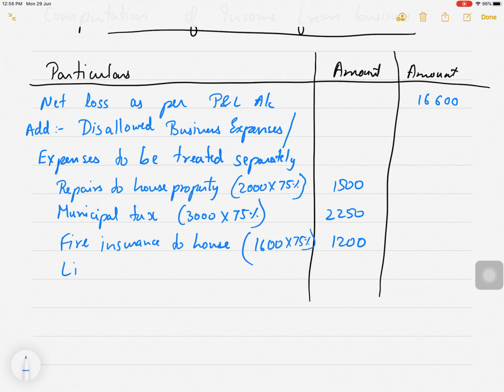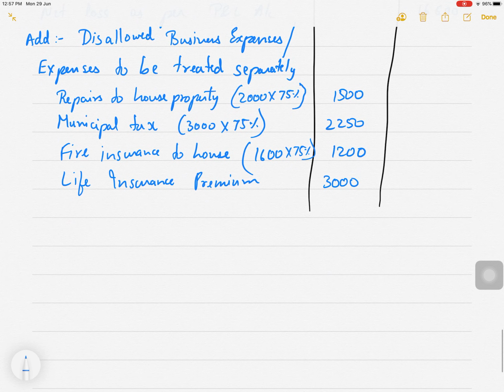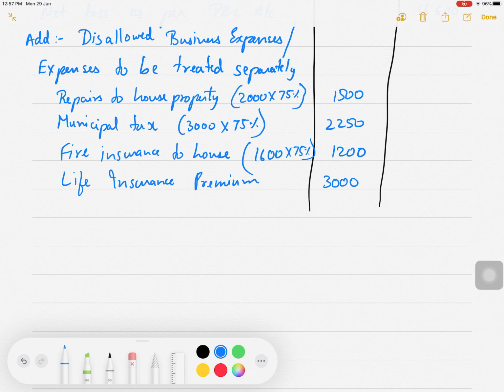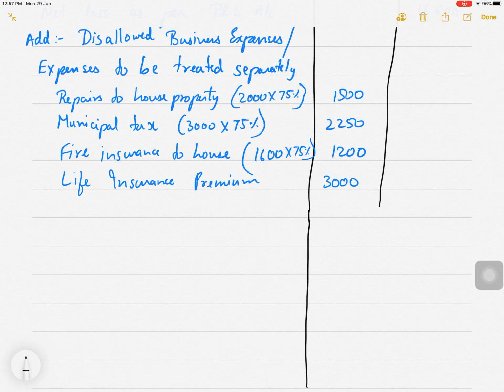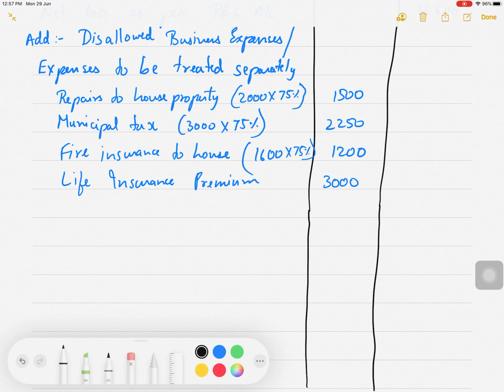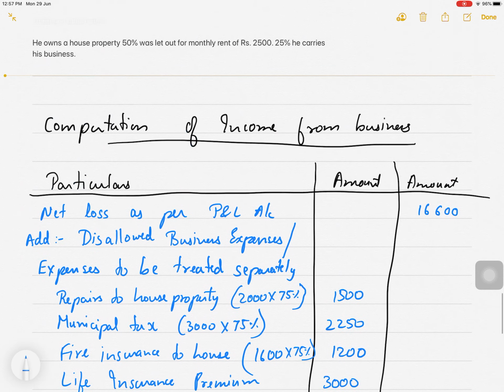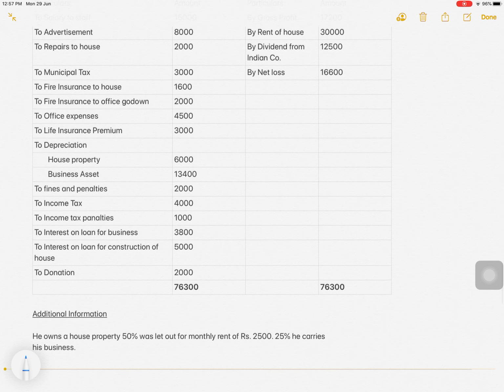To life insurance premium, this is personal. So 3,000 you will add.